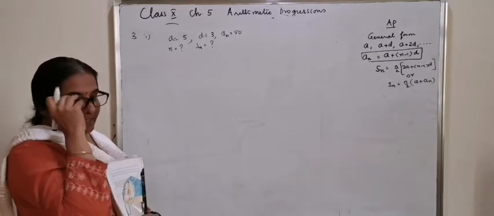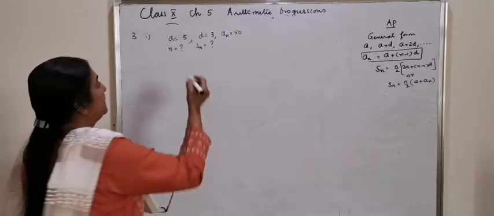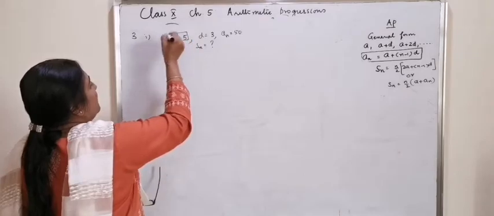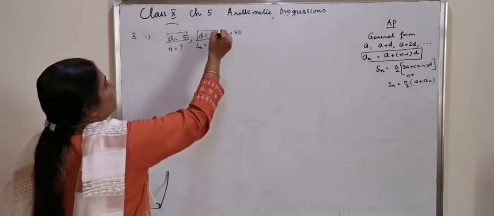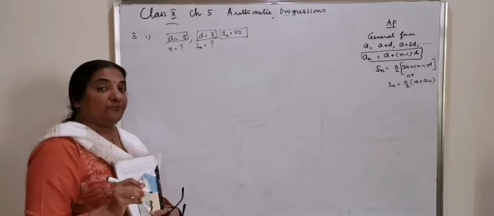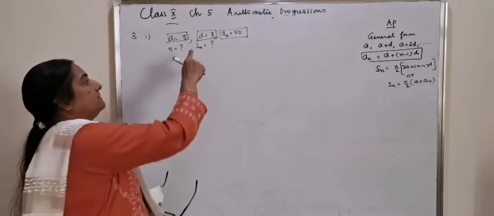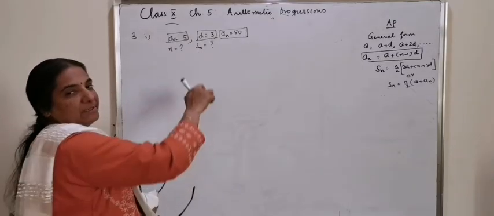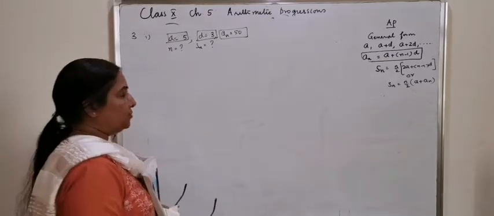This is the same as the type 2 question. You know the value of A, you know the value of D, you know the value of An, which shows that you can apply the formula of An, get the value of n, then substitute in Sn. A similar question as question number 2.